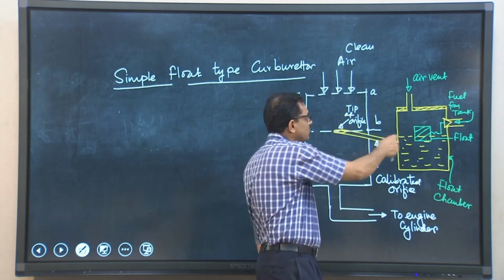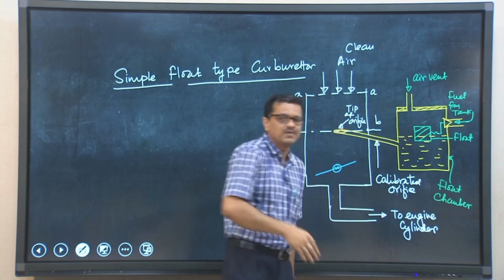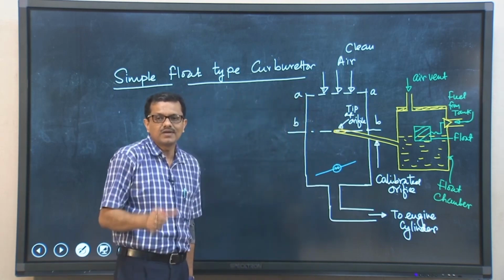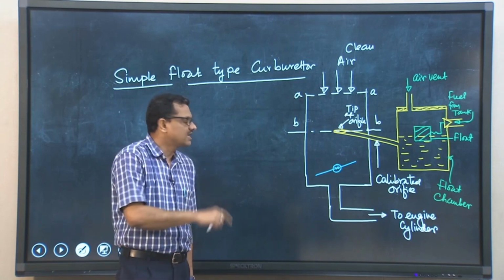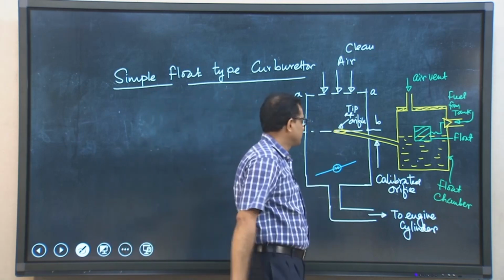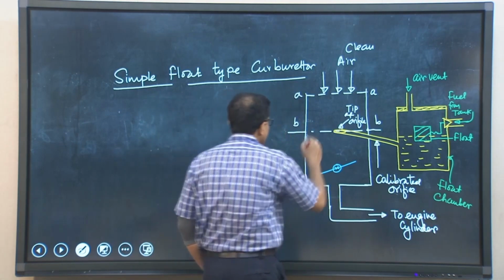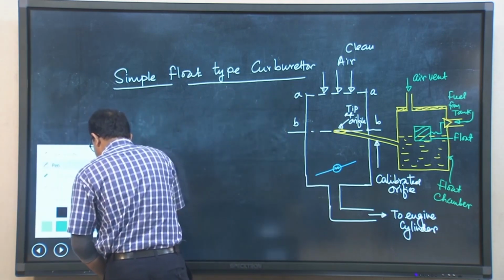Because this is the atmospheric pressure, if we can reduce the pressure at the tip of the orifice to less than atmospheric pressure, that pressure difference will allow liquid fuel to flow from the float chamber through the calibrated orifice and up to this point, that is the tip of the orifice.